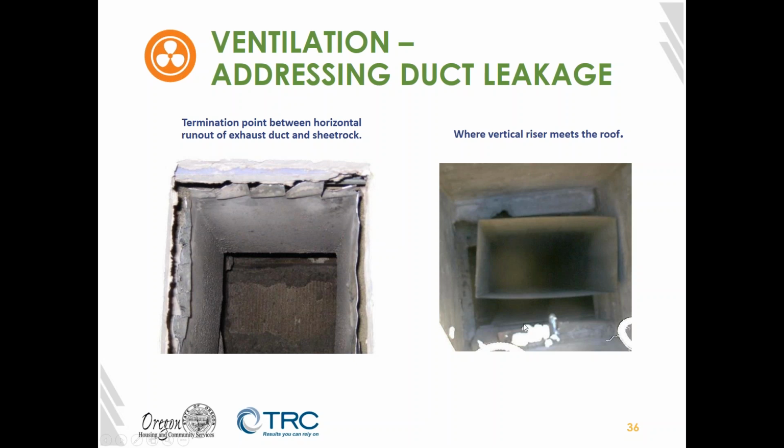And same here to say, oh my goodness, this is probably super leaky, and seal this up. So you can absolutely gain a lot of information and make a lot of improvements just based on visual inspection. To take it to the next level, of course, you do need to do things like duct blasters, and blower door testing is more for the whole building than necessarily for the ventilation system itself. But you can learn a lot from a visual inspection, absolutely.